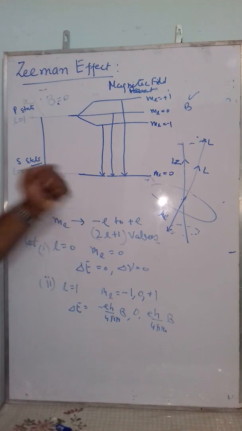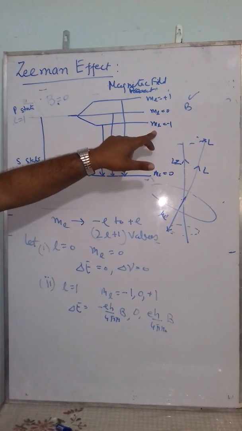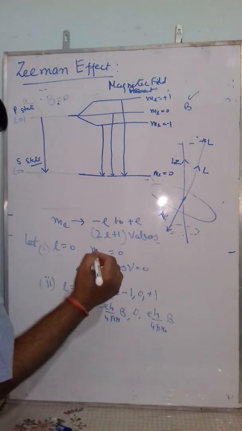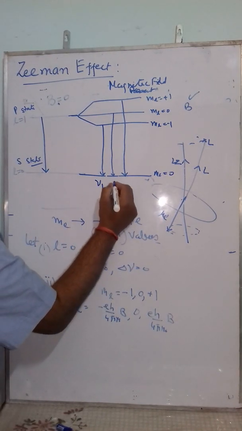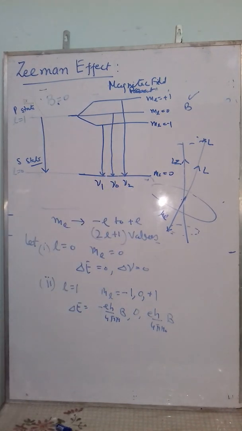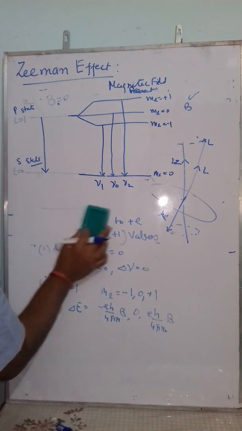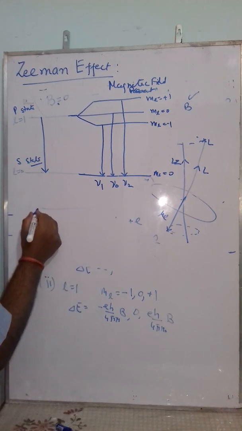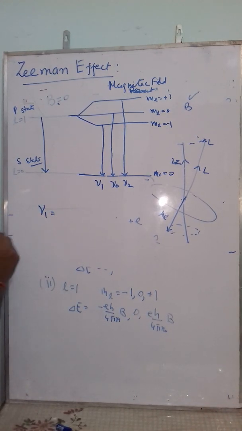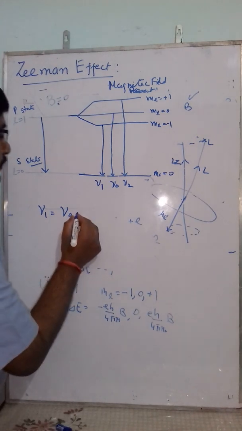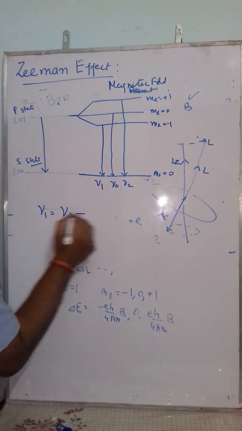One is with a decrease in frequency, one with no change in frequency, and one with increased frequency. If I say this is nu1, this is nu0, and this is nu2, then nu1 will be equal to how much? Nu0 was the original frequency with which light was coming.